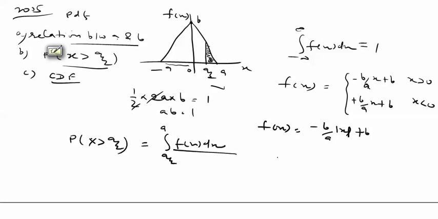If we calculate the area from a by 2 to a, it is a triangle, half base into height. Base is a by 2. What is the height? The height comes from this expression for the positive direction. If I put a by 2 in it, we get the value b by 2.